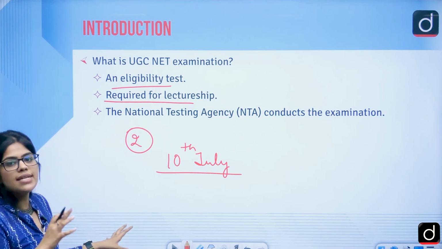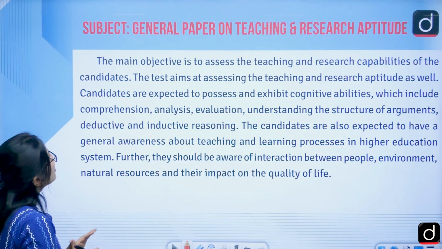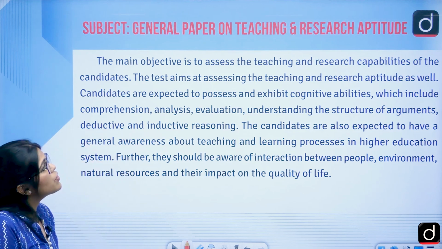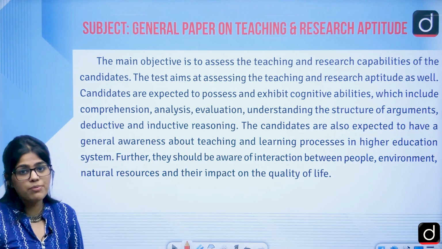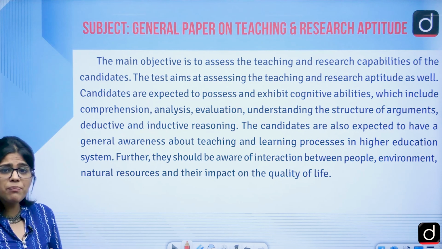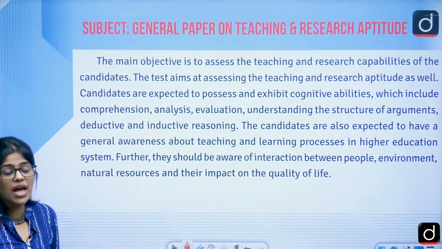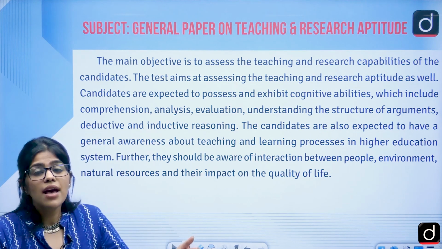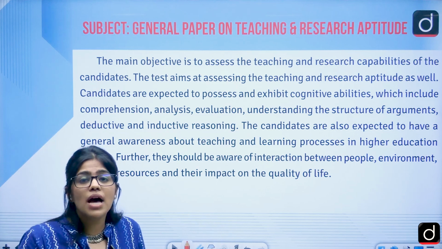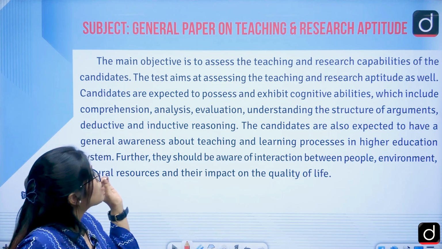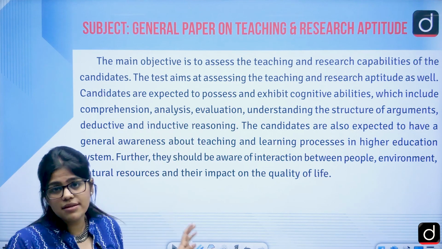So with this, let us jump and study paper 1, that is the general paper on teaching and research aptitude. Now, why do we have to give this paper? This paper is very important. I have been telling you the importance of paper 1, how easy it becomes for you to crack the exam when you are good at paper 1, that is your teaching and research aptitude.